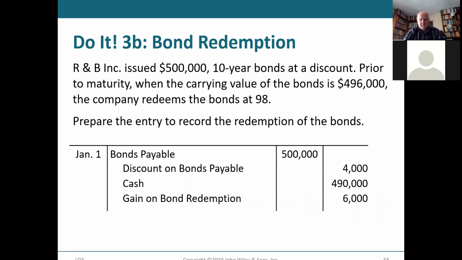The bond payable is 500,000. 490 is the amount of cash when the current value is 496. When you see that 6,000 there, you know that's not part of the principal of the bond. That's part of what's going to be a gain or a loss, and you come up with the 490. Yeah, that's just a simple explanation to get us started.